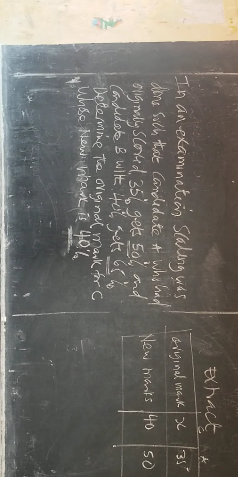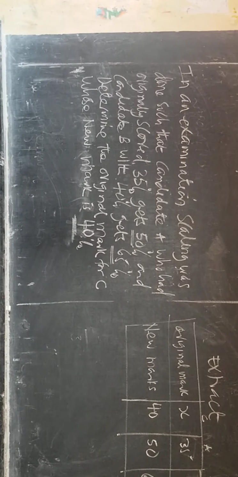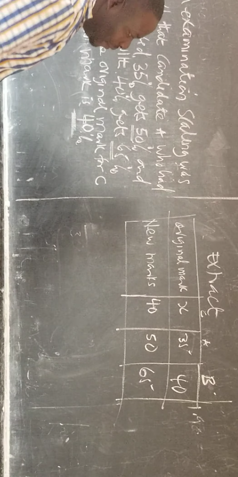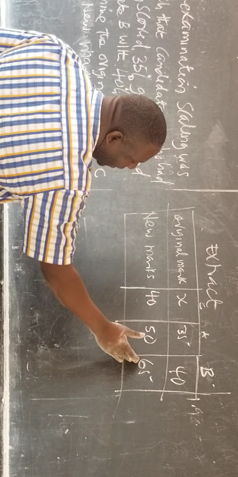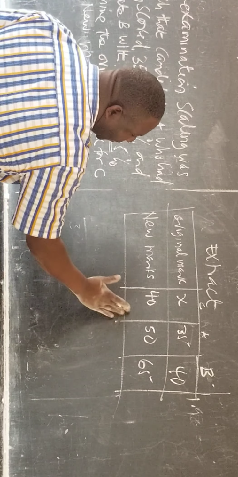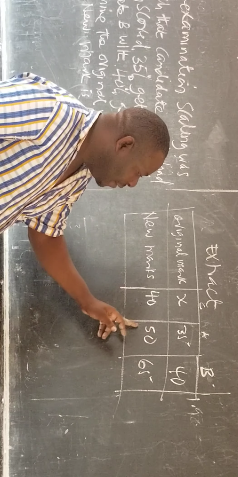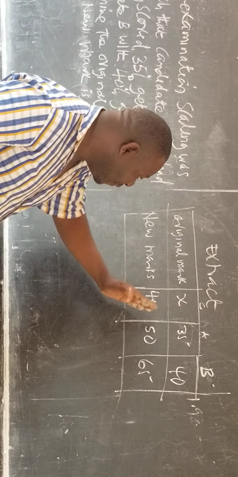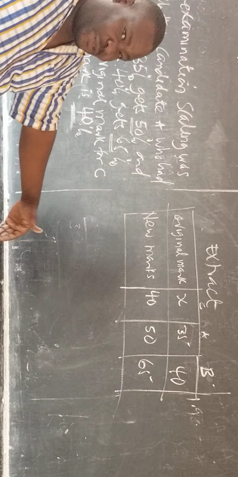You can use the method of extrapolation here, because we have the 35 and the 40, the 50 and the 65, which means that this is an extrapolation, because in the given values, the 60 is outside that interval. So we use extrapolation.